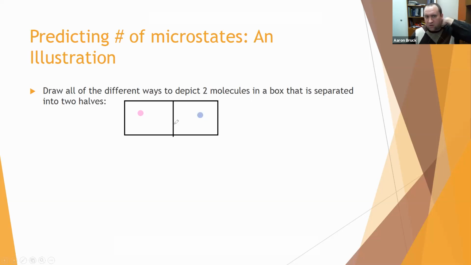Now I've got 2 molecules in this box. They're separated into 2 halves. The question in front of us is how many different ways can we draw this so that I'll have different pictures each time. So I've got this box here where I've got the pink on the left and the blue on the right.